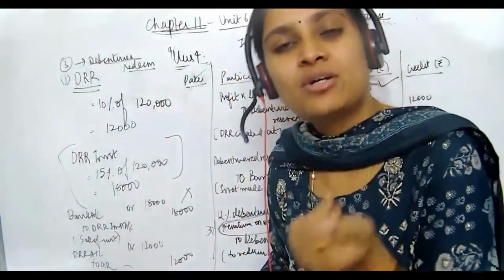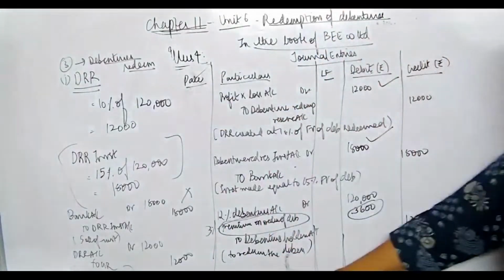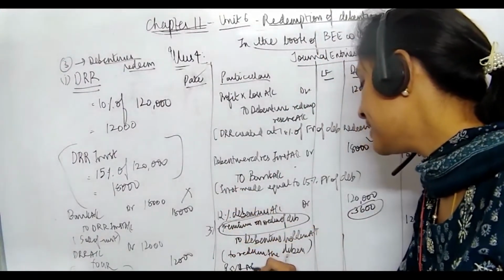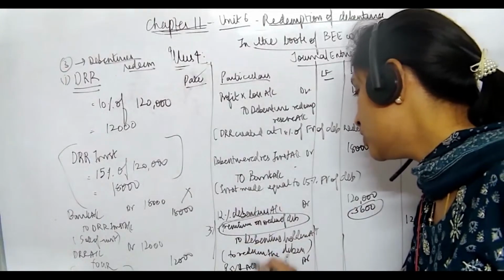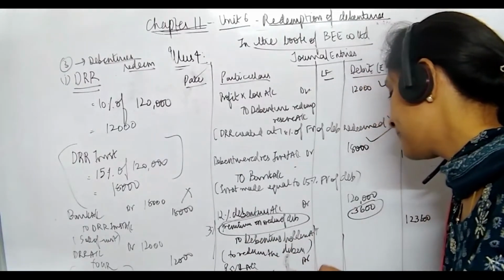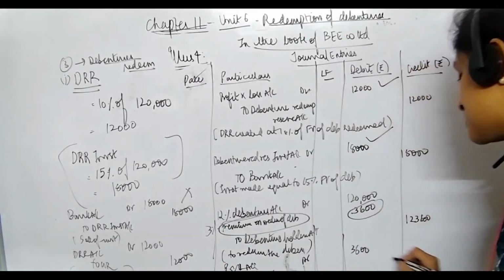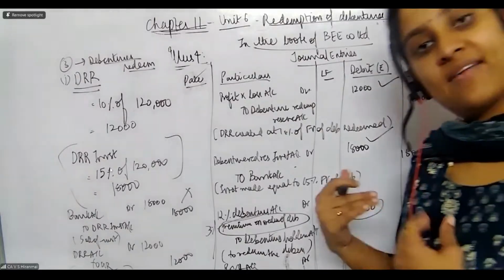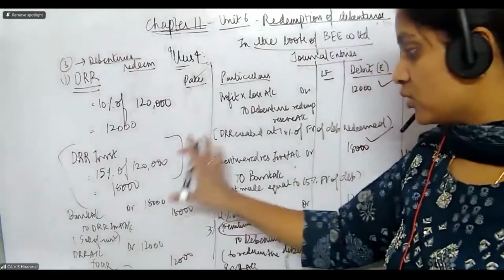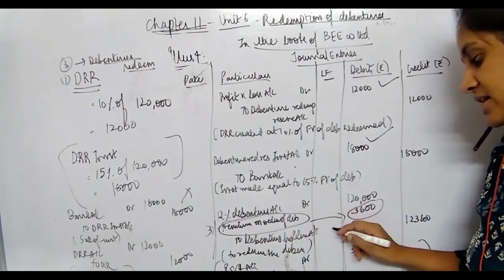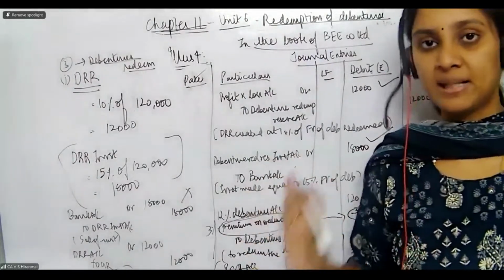How will you write it off? From your P&L account. So P&L account debit to the premium on redemption, 3,600. This is writing off of the loss, because the debentures are redeemed at a premium.